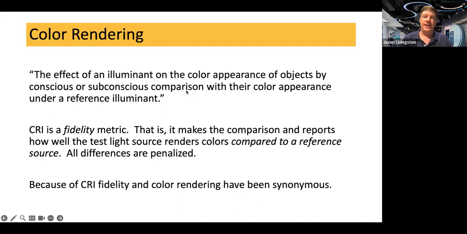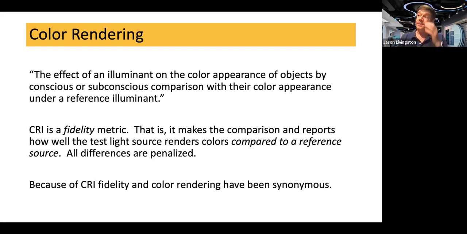I don't know if you're able to see my mouse. The comparison of the light source that we're interested in to a standard reference light source. And with CRI and with other fidelity metrics, the question that's being asked is, how closely does the light source in question match the reference light source? That's the only question that's being asked.